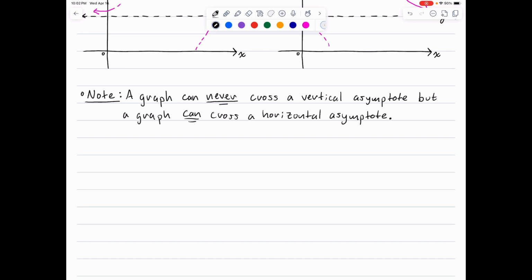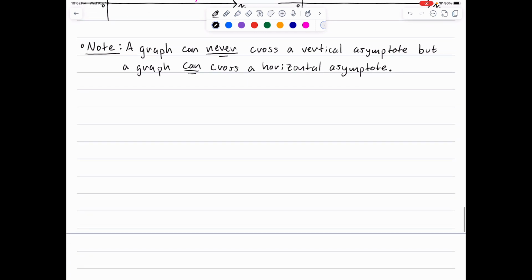Now, let's talk about horizontal asymptotes of rational functions.